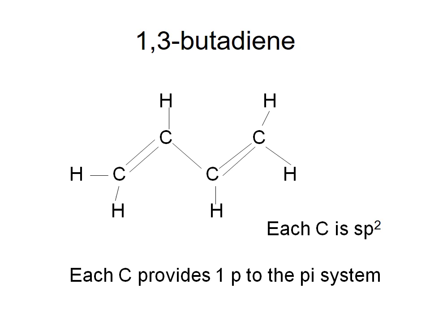So here is the simplest conjugated pi system we can have, two double bonds adjacent to each other. 1,3-butadiene has 4 p orbitals from each of the 4 carbons. Each carbon is providing 1 p to the pi system. Each carbon is sp2 and provides that 1 p with 1 electron in it.